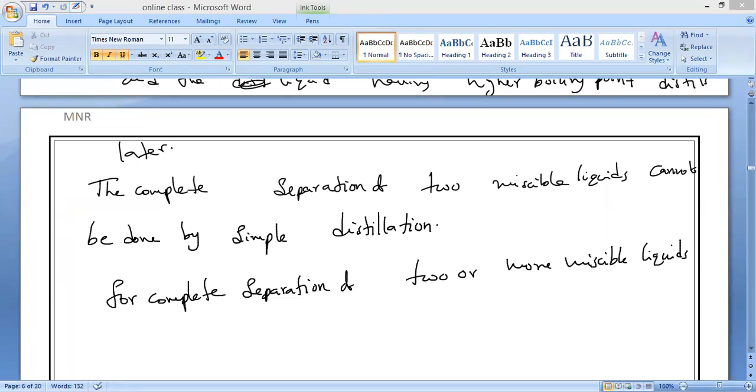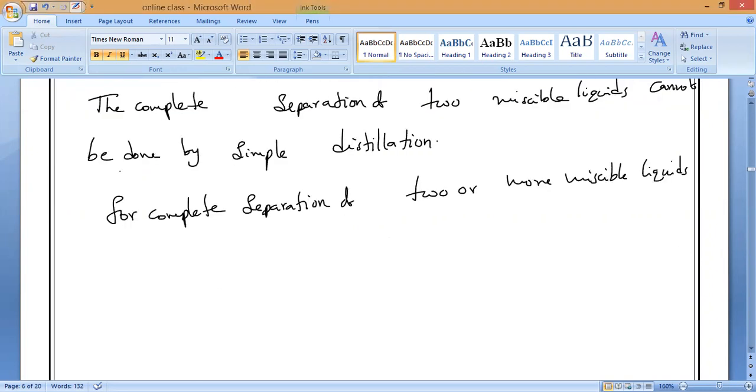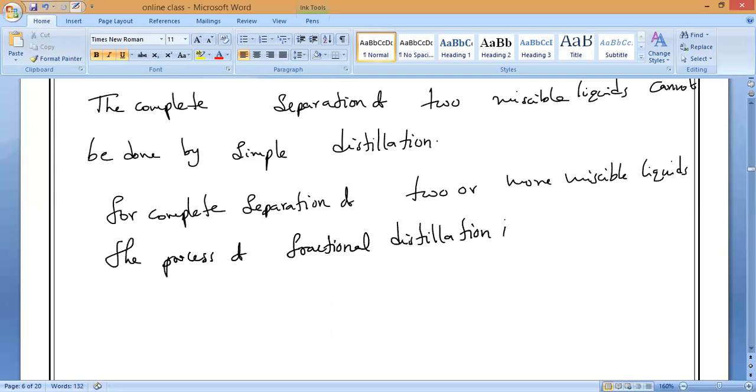But in fractional distillation, their boiling points can be a little closer also. We can separate them easily. So for two or more miscible liquids, the process of fractional distillation is used.